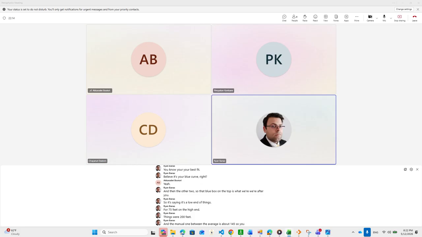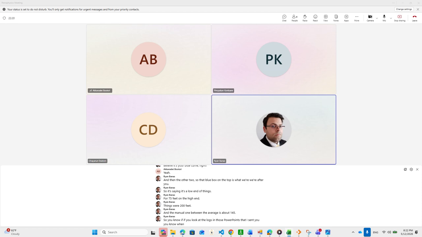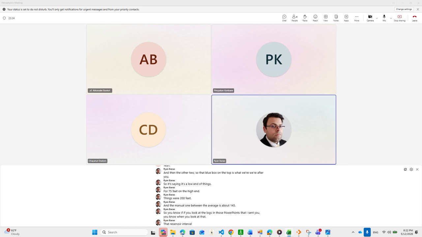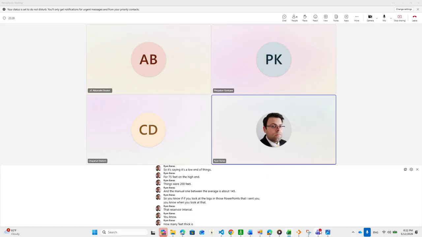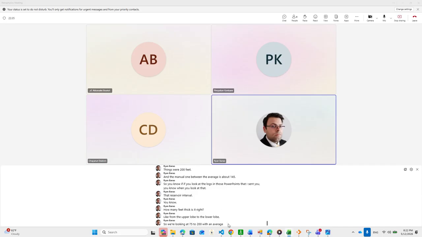So, if you look at the logs in those PowerPoints that I sent you, and you look at that reservoir interval, how many feet thick is it, right? Like from the upper lobe to the lower lobe. So we're looking at 75 to 200 with an average of 150.